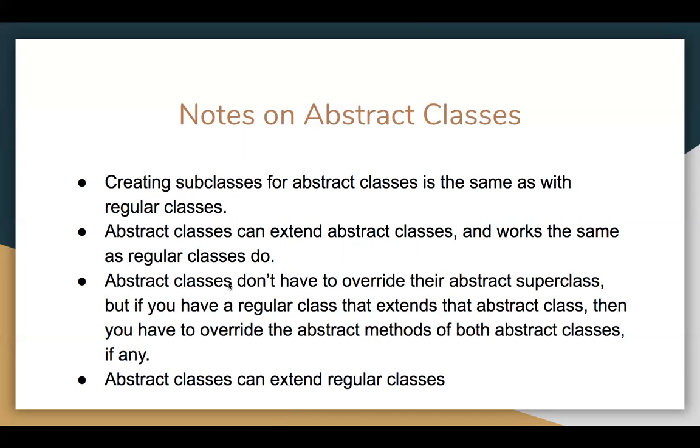Abstract classes don't have to override their abstract superclass, but if you have a regular class that extends that abstract class, then you have to override the abstract methods of both abstract classes, if any. So if you have an abstract superclass and then an abstract subclass that extends that, and then you have your regular class that extends the abstract subclass, then that regular class has to implement all the abstract methods of both the abstract superclass and the abstract subclass.